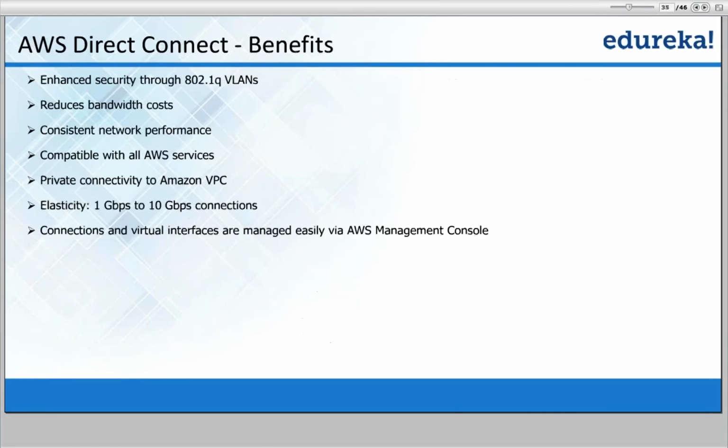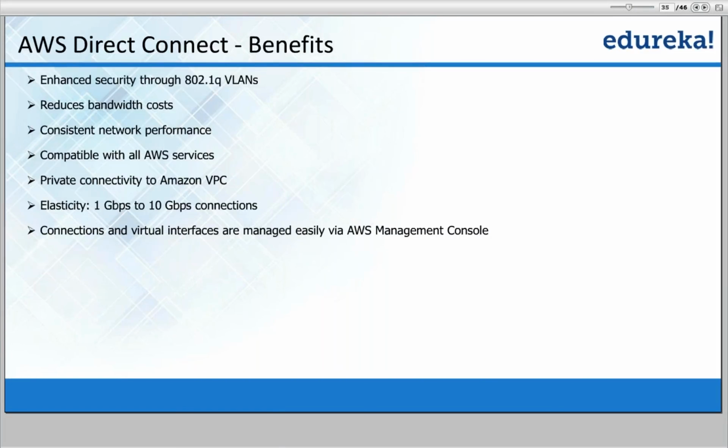It can be more secure. You can use VPNs as well with Direct Connect. And the main thing is it can potentially reduce your bandwidth cost, so this may be cheaper. You have to do a proper evaluation to make sure that it is indeed cheaper than your existing internet connection.